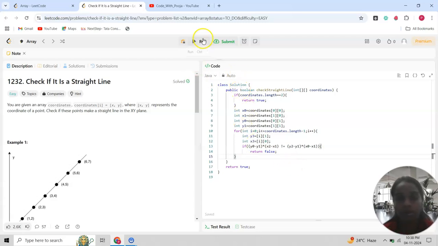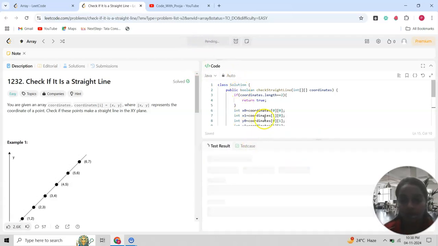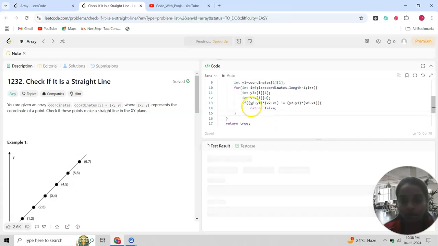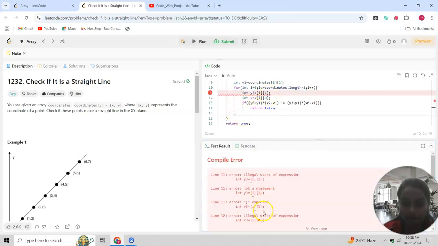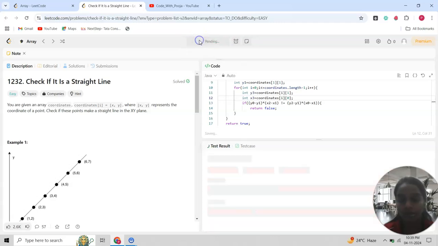Now I'm ready to run the code, and on running there is an error, actually I have to just put coordinates here. A silly mistake can turn into a big error, so please follow these things.